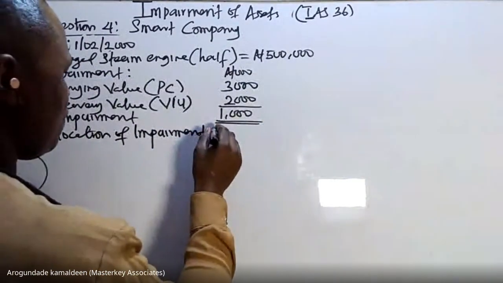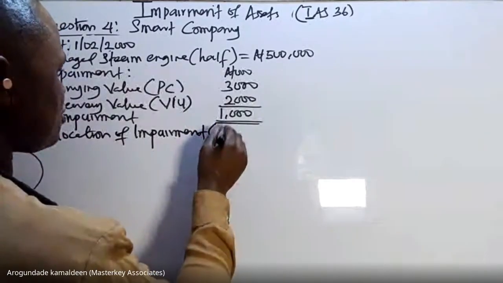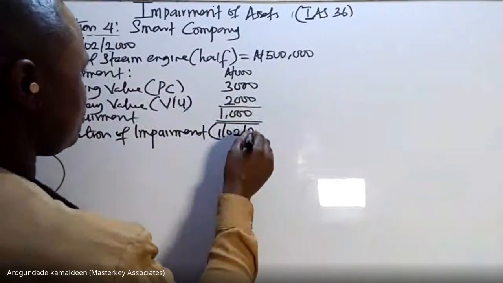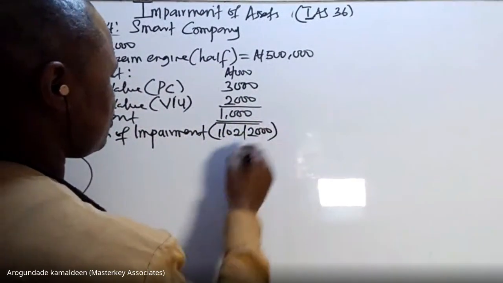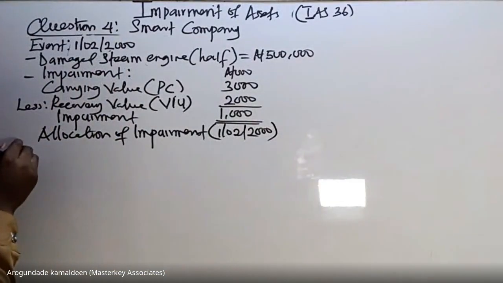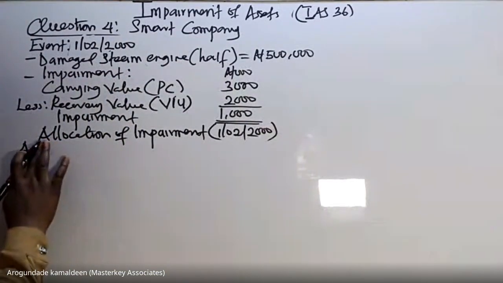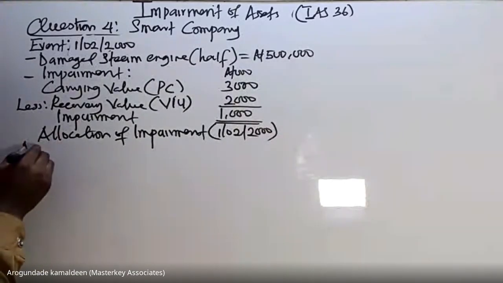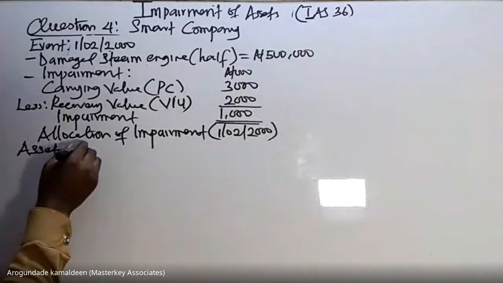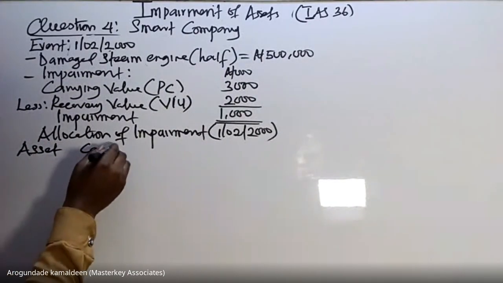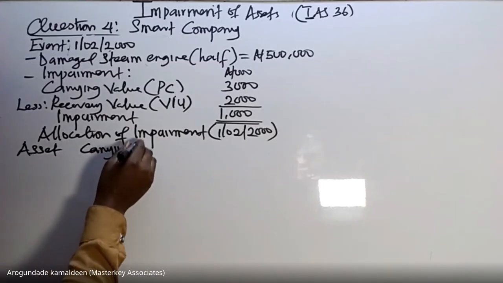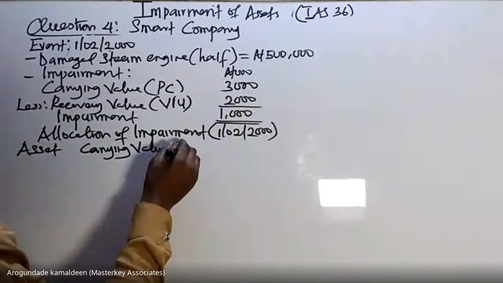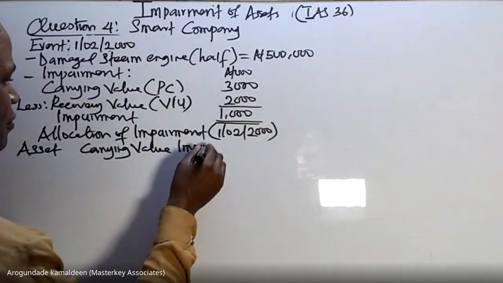This is happening on the 1st of February. So the asset, the carrying value, the impairment.